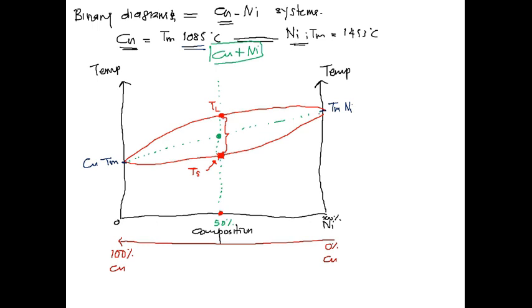Maksudnya ada range. Okay, katakan sini dia punya value, katakan A, the TL is B. So between A and B, okay, is the melting point of your alloys.